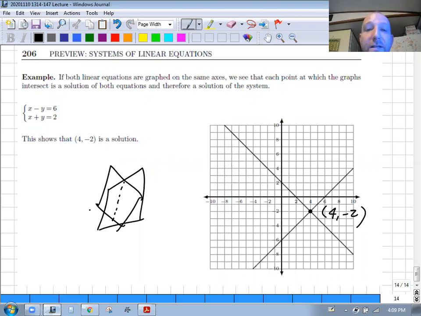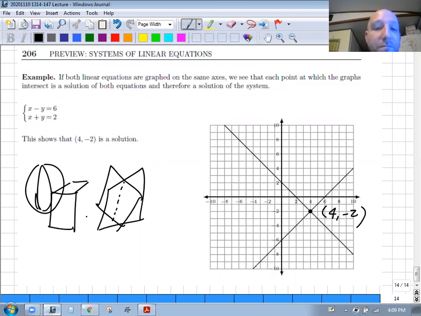Or three solid objects, like if you have a sphere and a cube. Where they'd intersect would be a volume of space, okay? So what we're looking at here is the most basic approach to this kind of math, right?